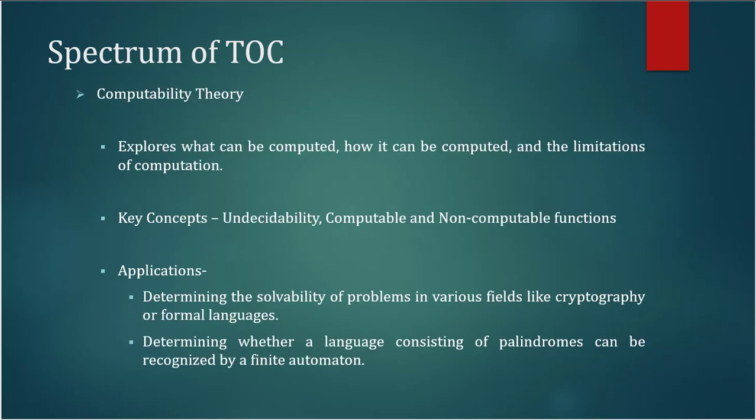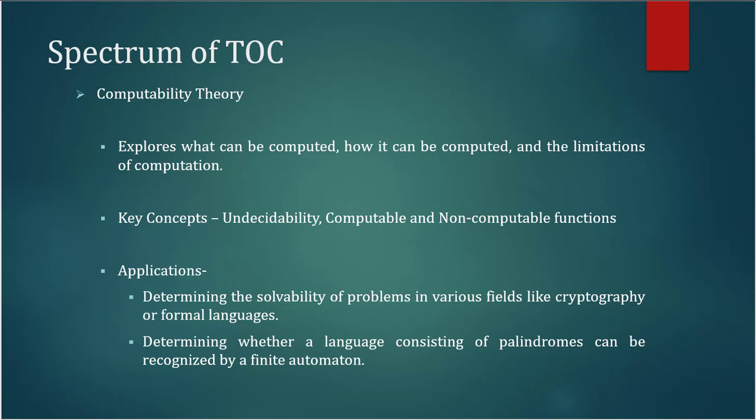Let us understand computability theory. This branch of TOC explores what can be computed, how any problem can be computed, and what the limits of computation are. The key concepts in this branch include undecidability and the study of computable and non-computable functions.